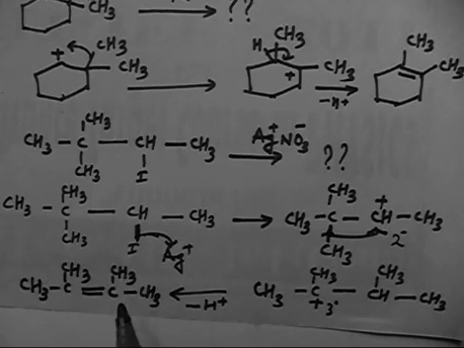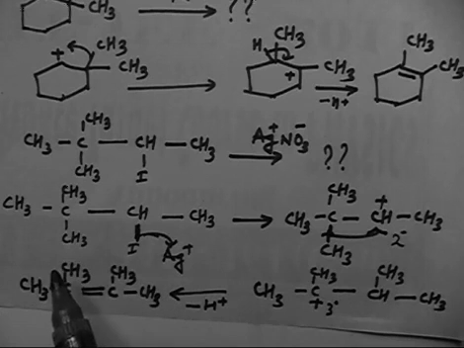So you can have four groups, all four different, or you can have two kinds of groups here and two of the same kind of groups there, or you can also have three kinds of groups, 1, 2 and 3, and this group may match either with this one or this one. It cannot match with this group. So on the same carbon, you cannot have two groups of the same kind.